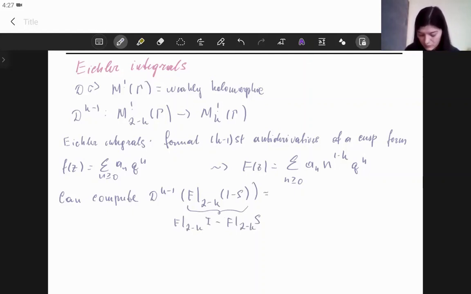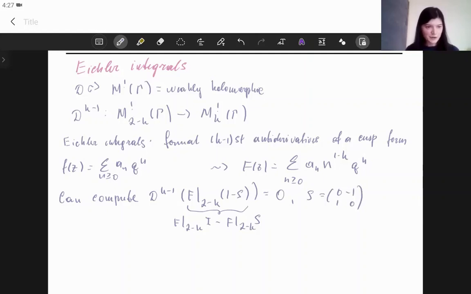Here, we get that this equals 0, where S is this matrix that we all know and love. All right, so we have the derivative, the k-1st derivative of a function is 0.